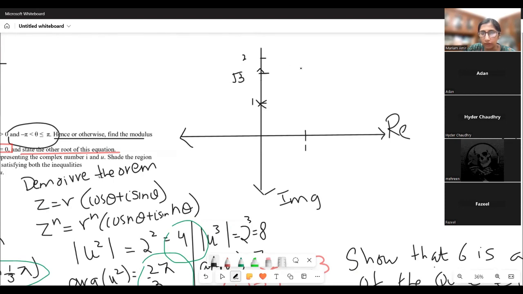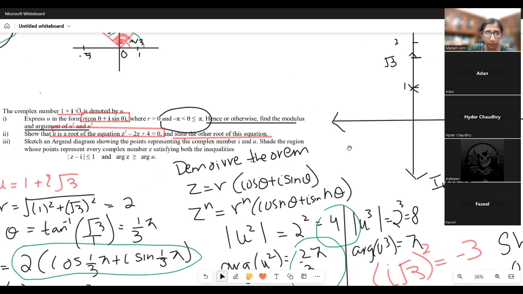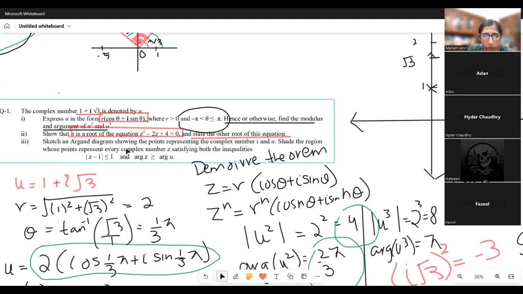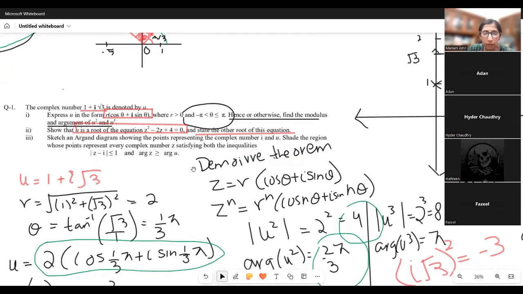So here's the other point u. So we plotted u and iota on the complex plane or on the Argand diagram. Shade the region whose points represent every complex number z, satisfying both the inequalities.